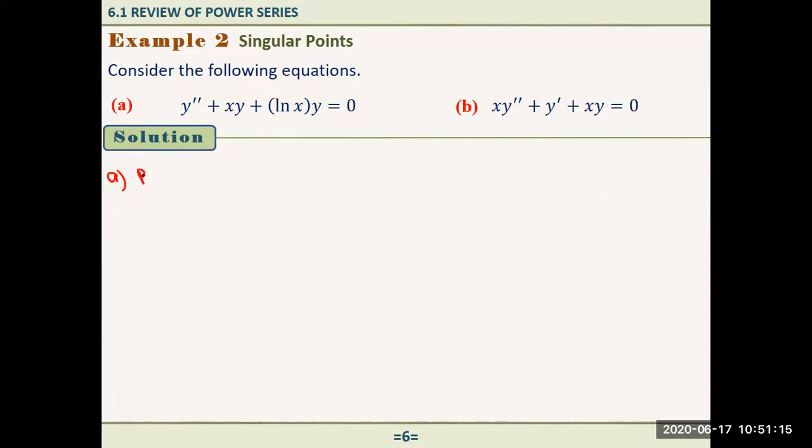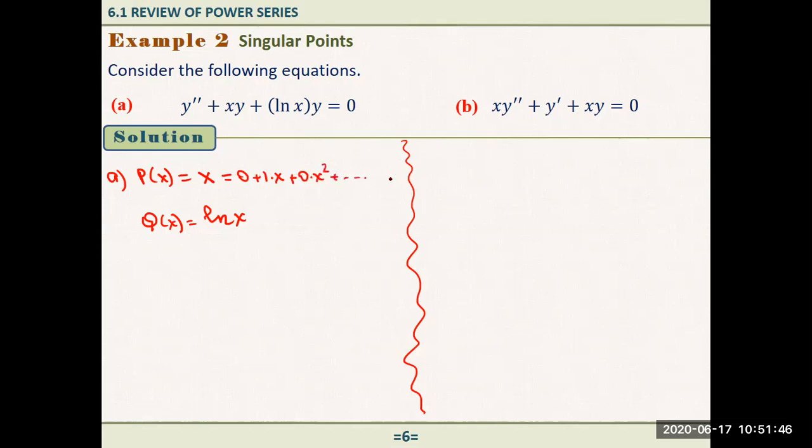And if you recognize, P is equal to x, and our Q is the natural logarithm of x. P is already a polynomial function. We have no problem. It is analytic at any point on the number line. Once again, I can just write it as 0 plus 1 times x plus 0 times x squared.